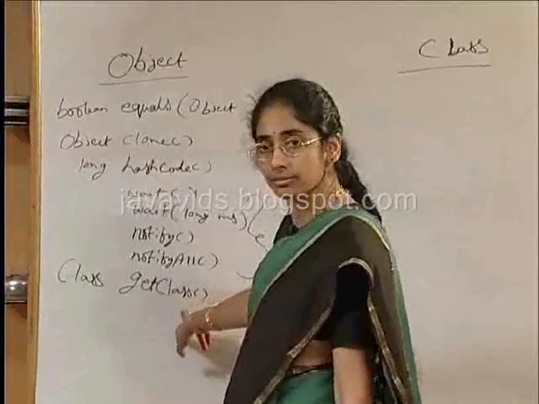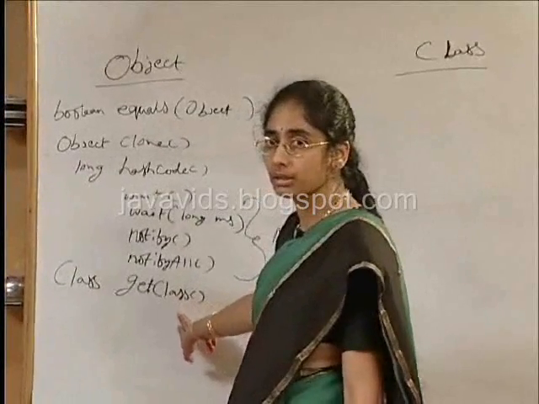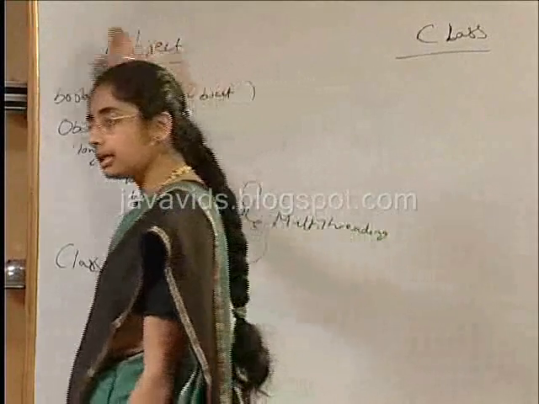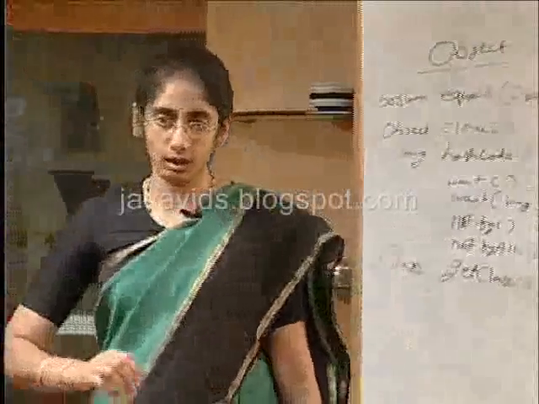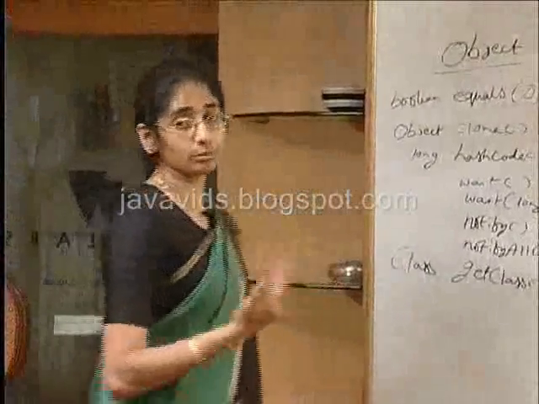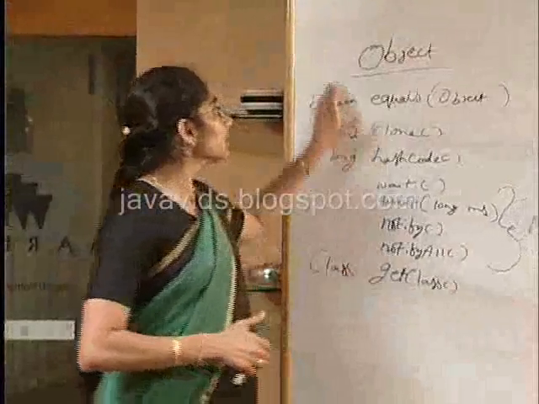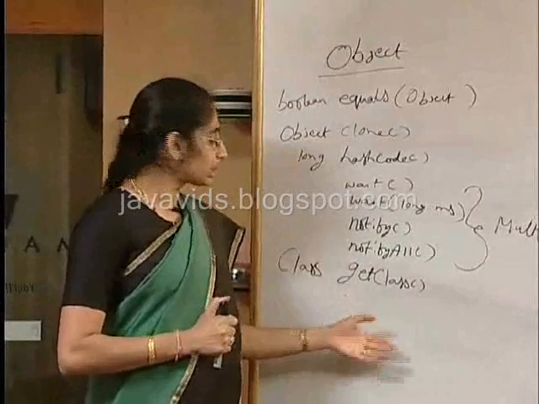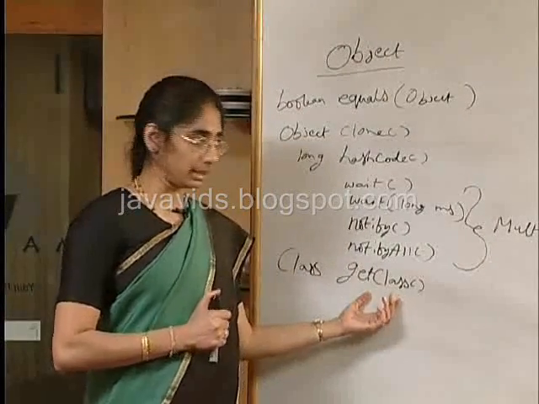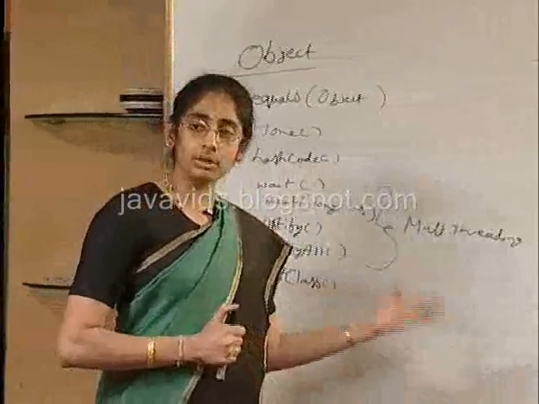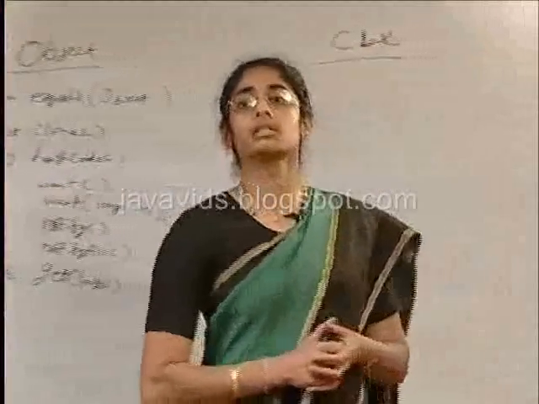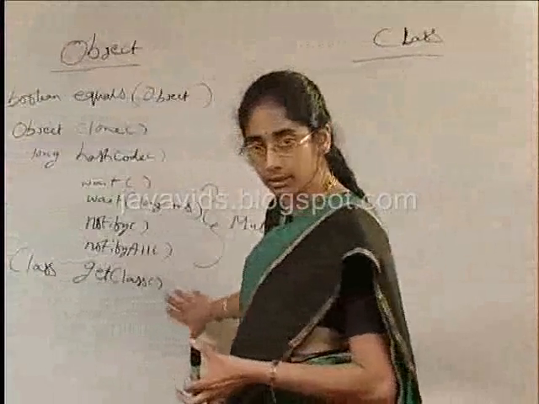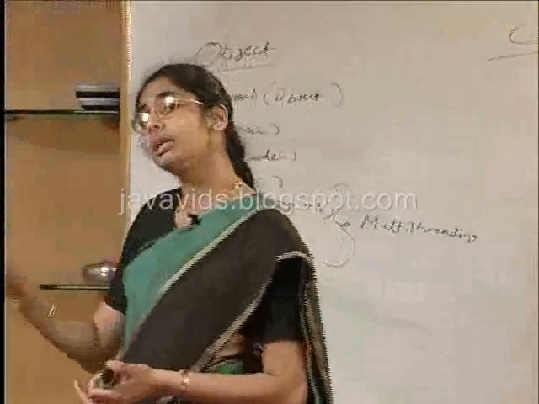Now getClass is a public method of class Object. When you have written class A, it is derived from class Object because it's the rootmost class. Therefore, class A has inherited all these methods. And getClass, being a public method, can be accessed through an instance of your class. So you create an instance of class A, invoke the getClass method, and it returns a Class object for class A.